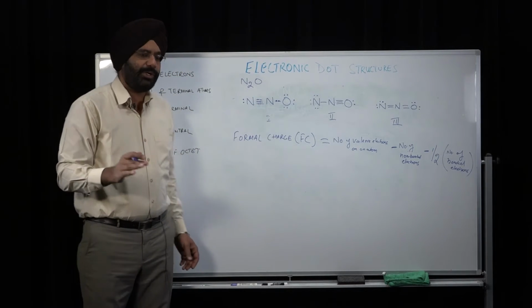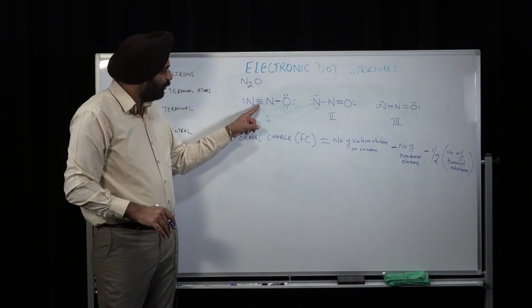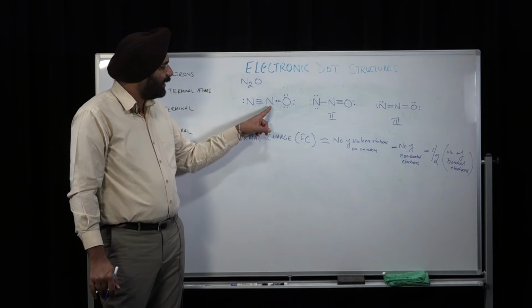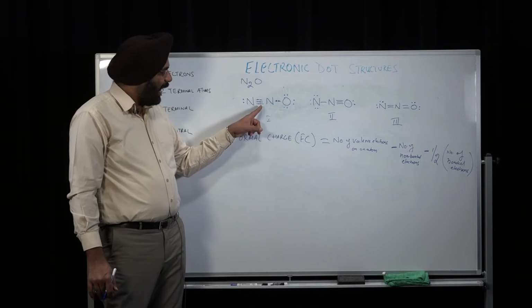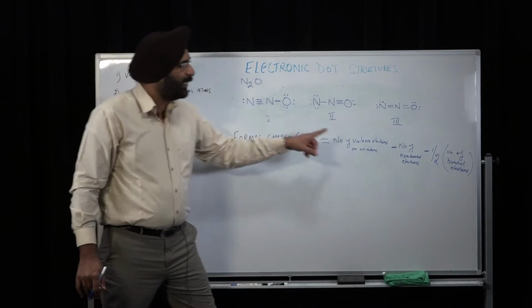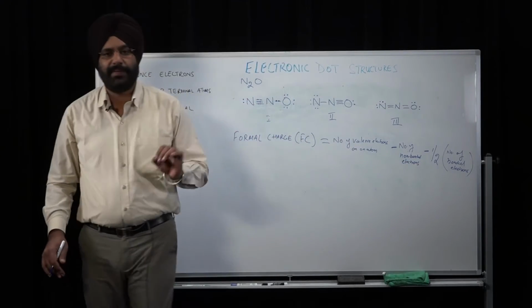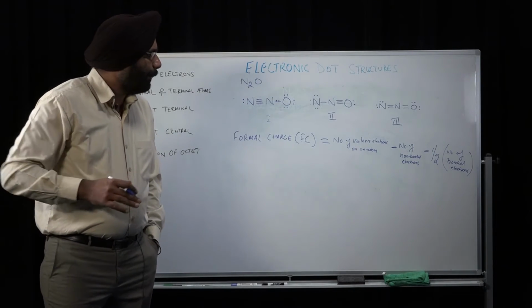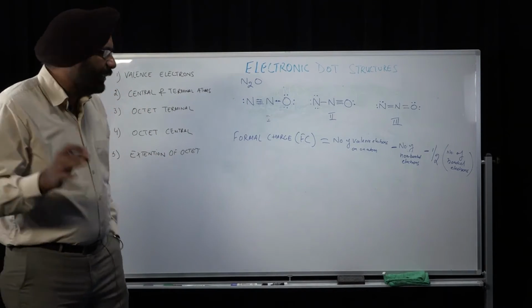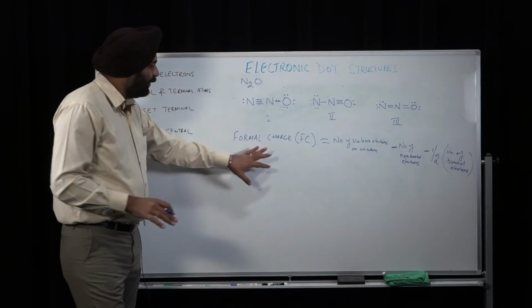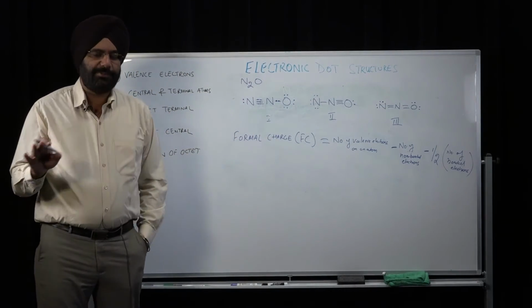Out of these 6 bonded electrons, 3 are coming from one nitrogen atom and 3 are coming from the other nitrogen atom. Half is coming from one atom, half is coming from another atom. That's the reason you have a half in there. So remember that it is half the number of bonded electrons. So this is the formula, and it's very easy.